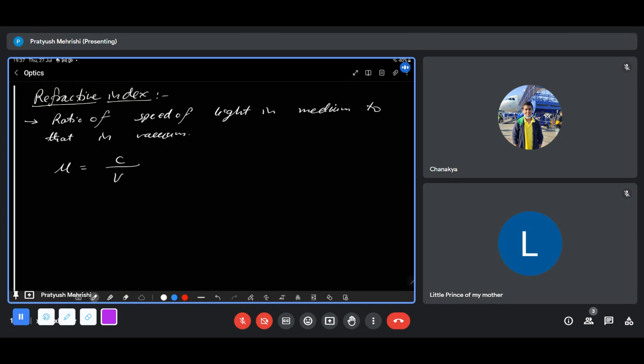Wait a minute, the definition needs a small correction. Write down: speed of light in vacuum to that in medium.